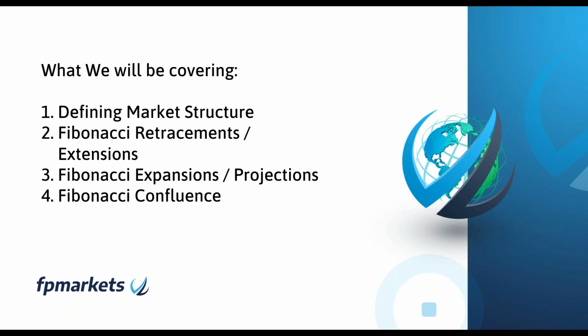And then of course, there's Fibonacci expansions slash projections because this term is used interchangeably. And finally, if time permits, we will put everything together: Fibonacci confluence, and I'll show you guys how to use this confluence so that it can be a very powerful trading arsenal as part of your trading toolbox.